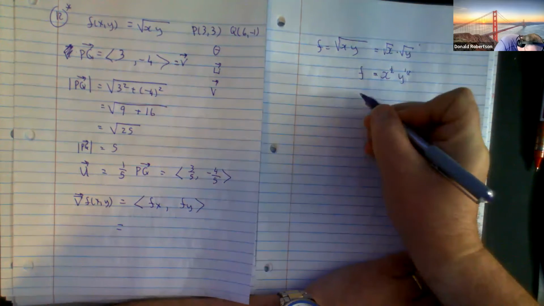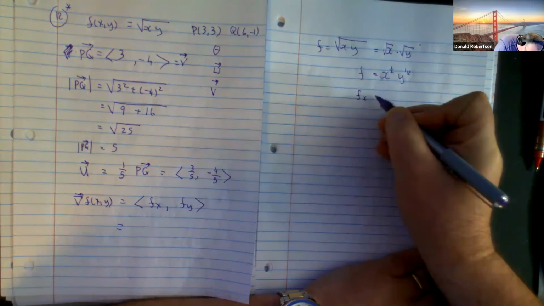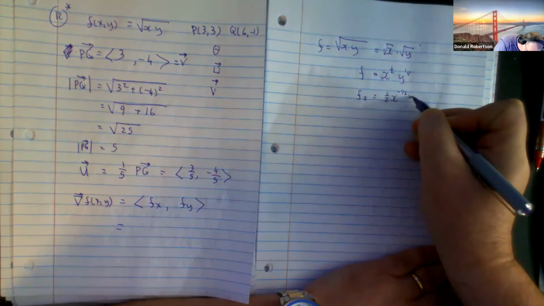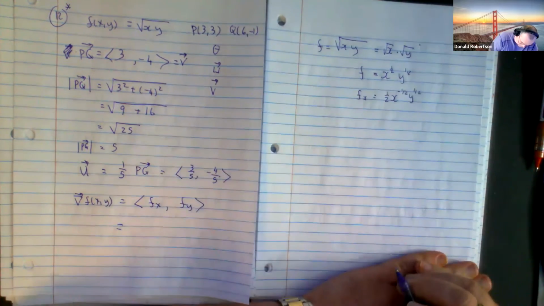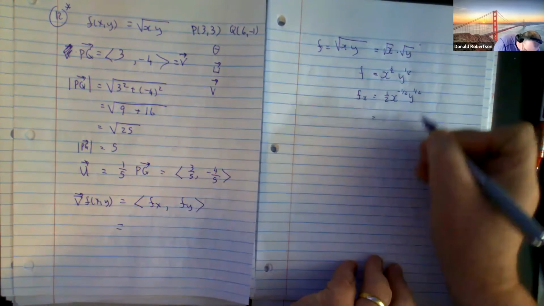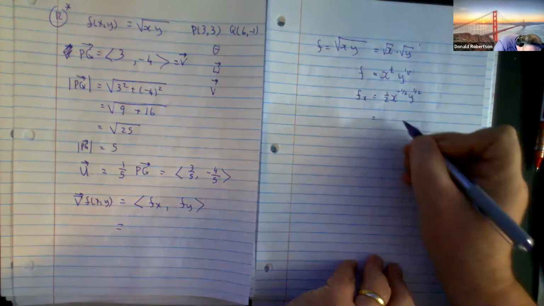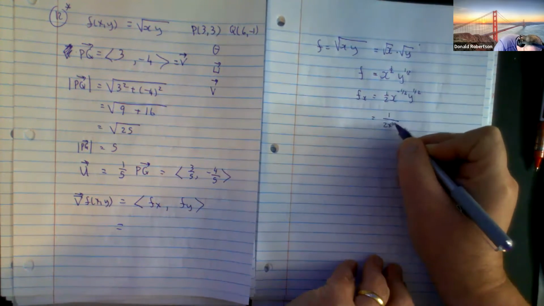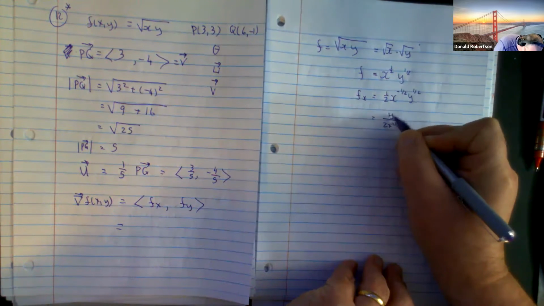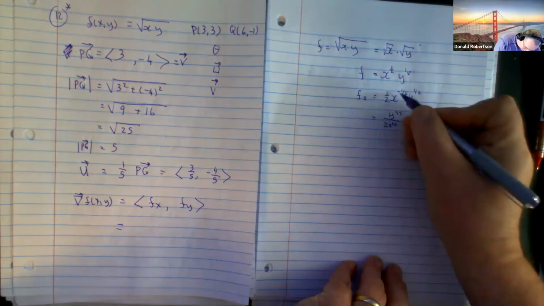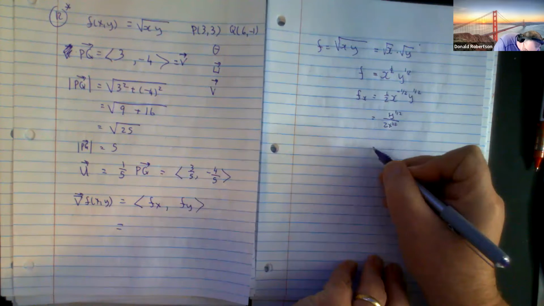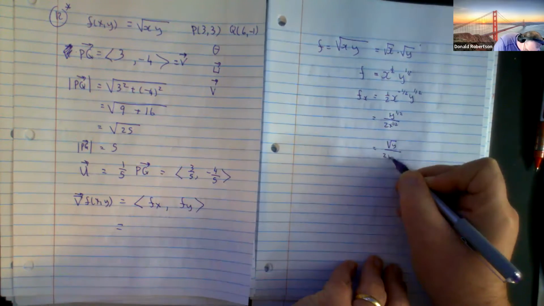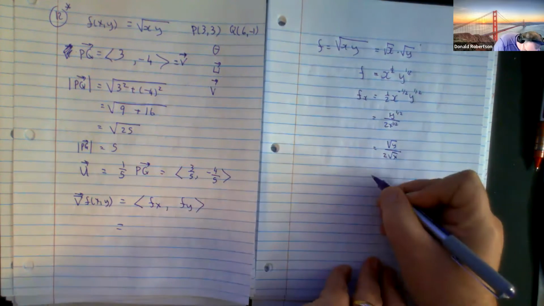So if you want to do the partial derivative with respect to x, multiply by the power, reduce it by 1. And then everything else from this point onwards is style points. Negative power downstairs, 2 downstairs. Square root of y over 2 square root of x.